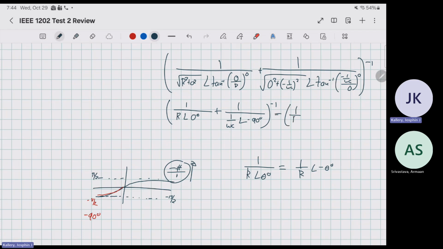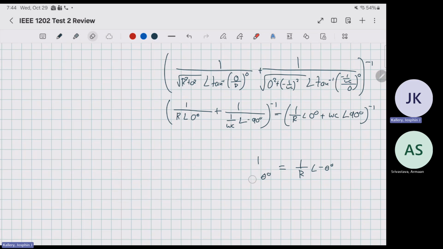So we'll have 1 over r with negative 0 degrees, which is once again 0 degrees, plus omega C. So negative 90 is positive 90 degrees, to the negative 1. Okay, let me delete this. Everything making sense so far? Do you guys want me to speed up, slow down, or is it perfect?